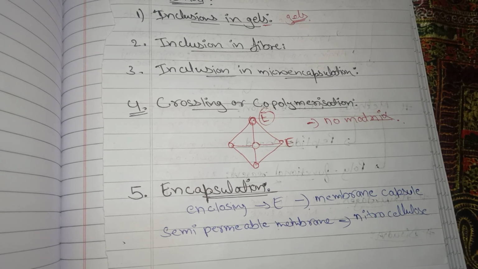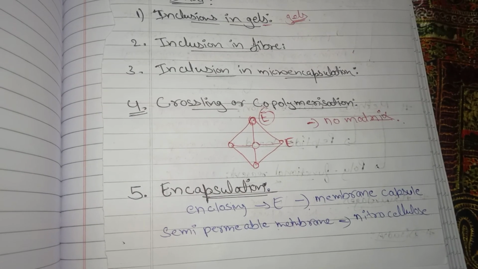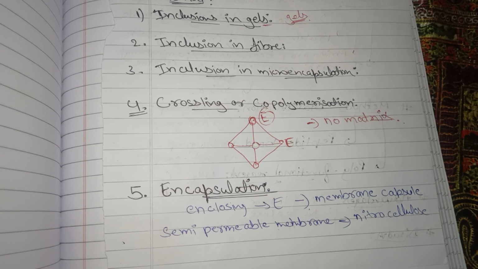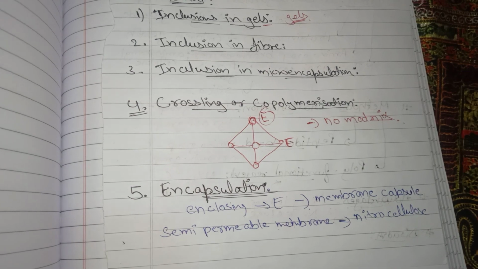Advantages of encapsulation are that it is a cheap and simple method. In this method, a large quantity of enzyme can be immobilized. Disadvantages of this: pore size limitations, and only small substrate molecules are able to cross the membrane.